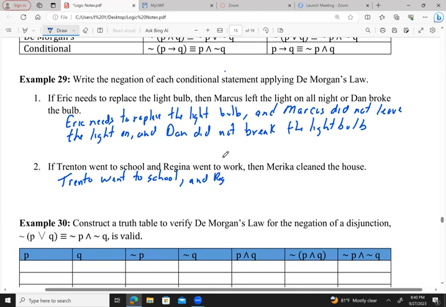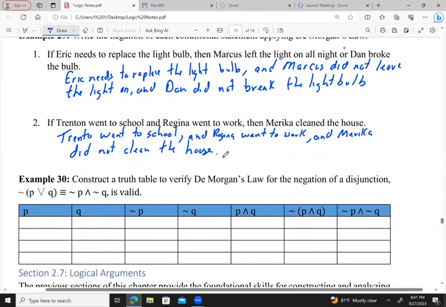And Regina went to work. And we're going to negate here. America did not clean the house.